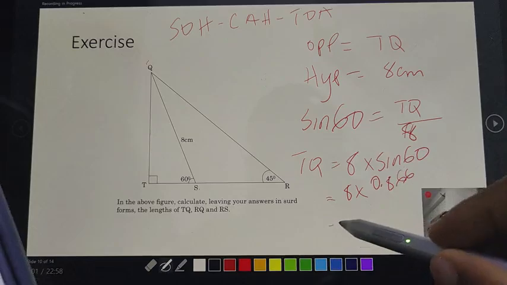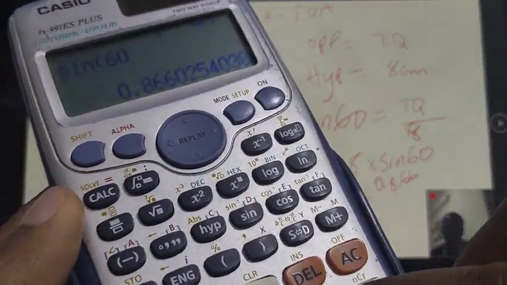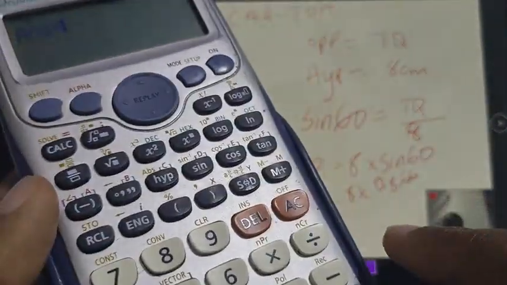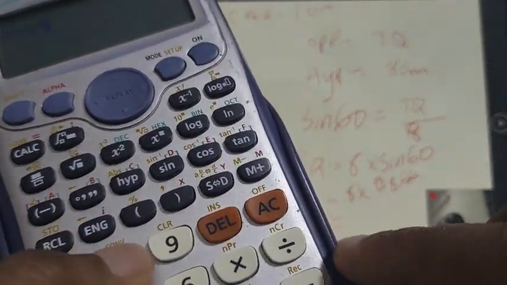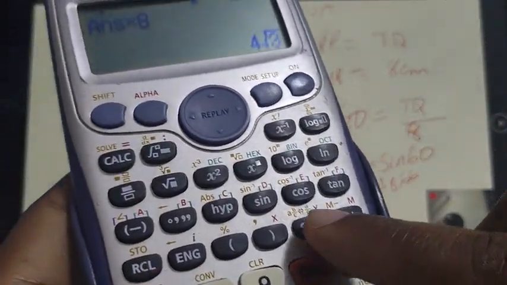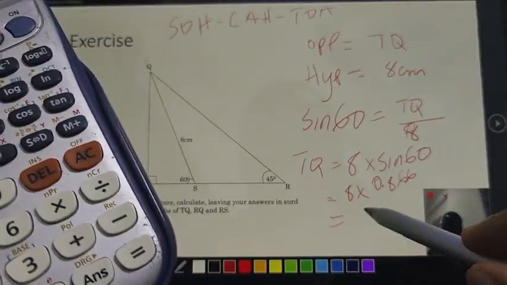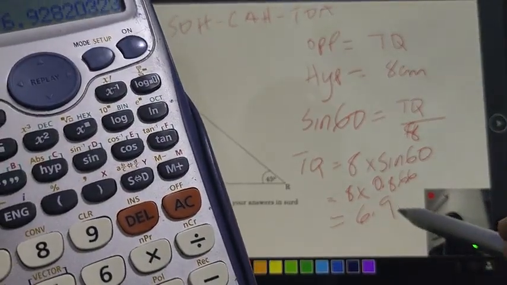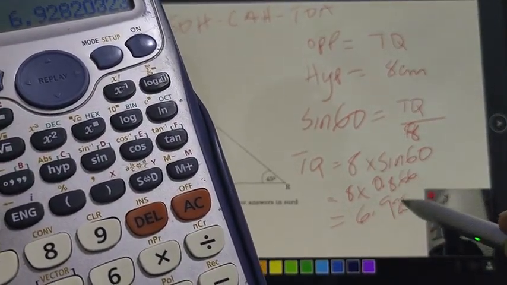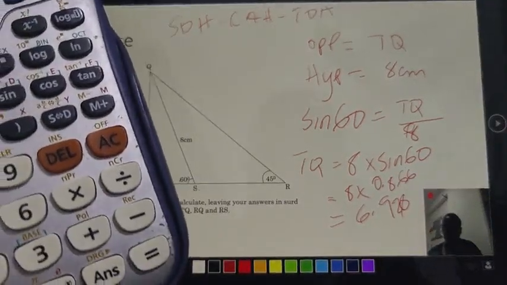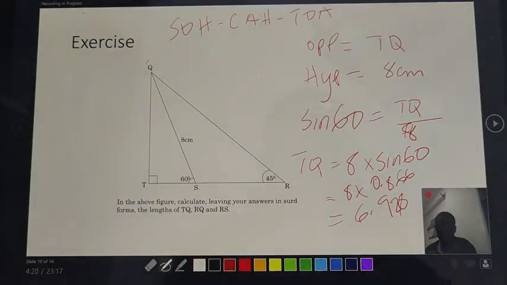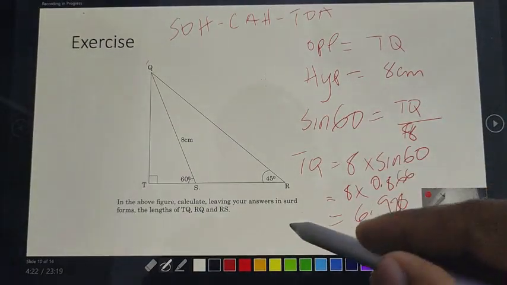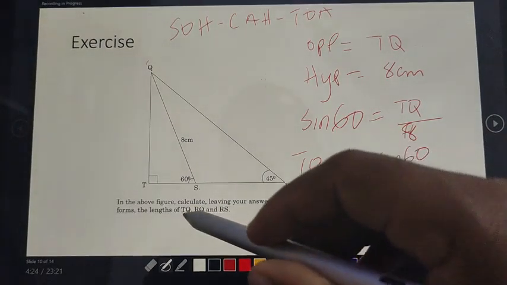If you multiply those, 0.866 times 8, it will give you 6.928. So that's the value of TQ.